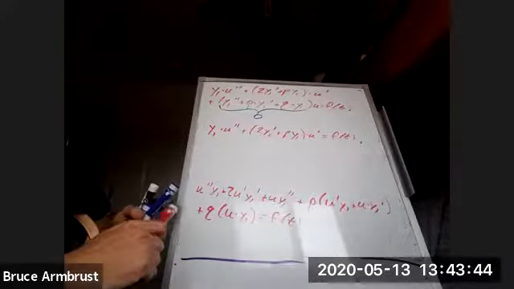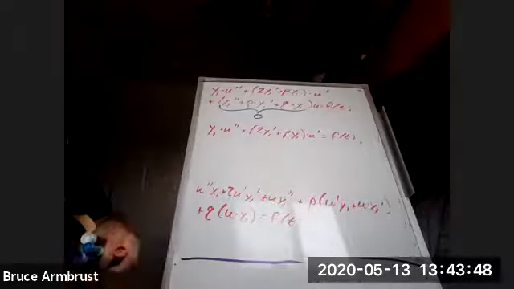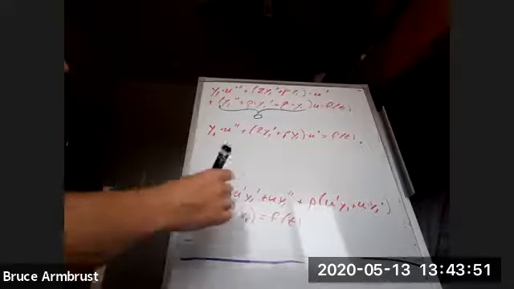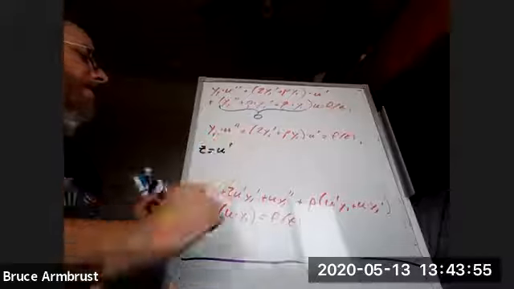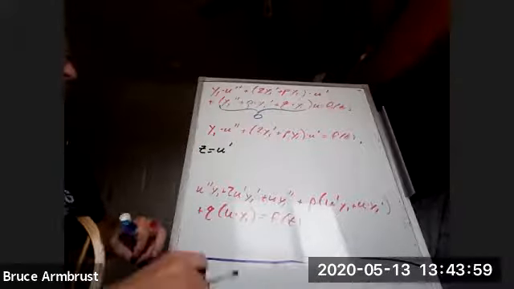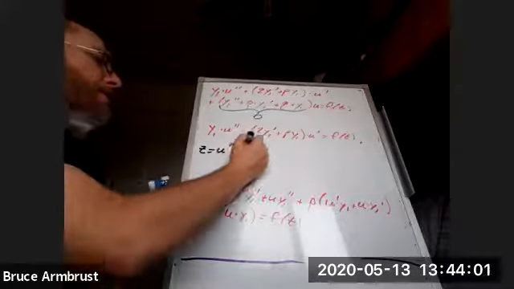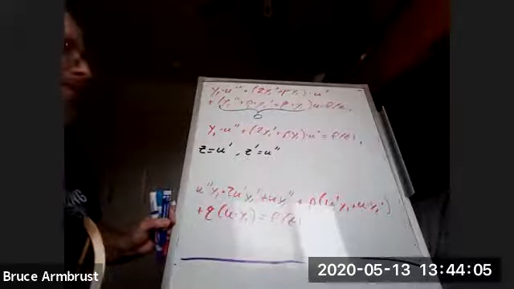I know it probably doesn't look like much, but what I'm going to do is put in another variable. I'm going to let z equal u prime. Because if z is equal to u prime, then u double prime is equal to z prime.